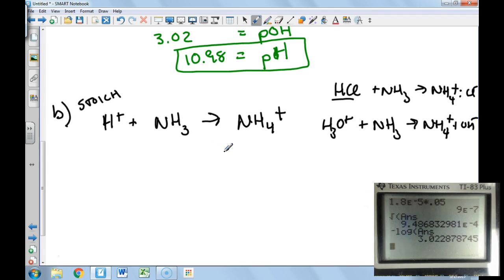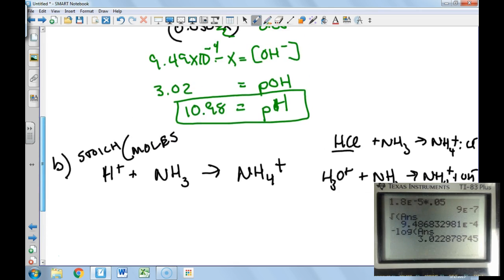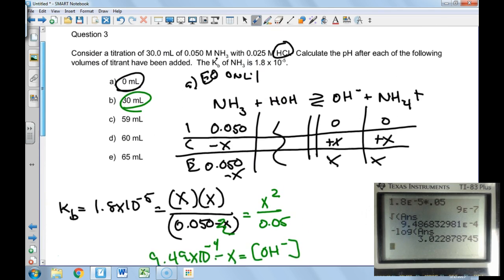Now when we do this, we need to do stoichiometry in moles. So let's do some stoichiometry in moles.